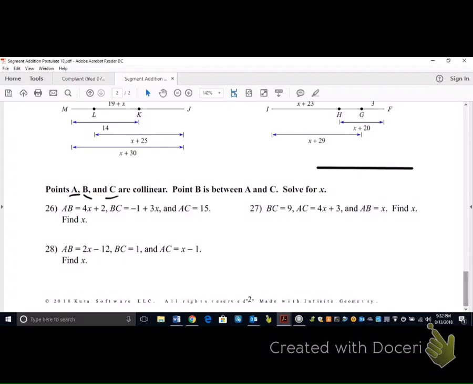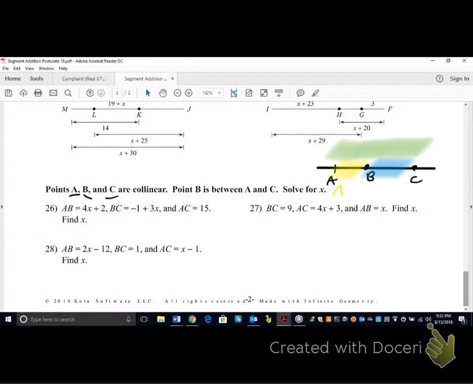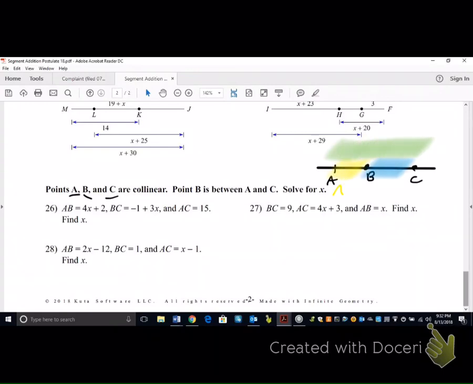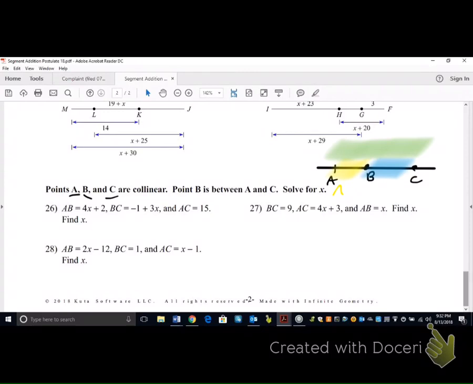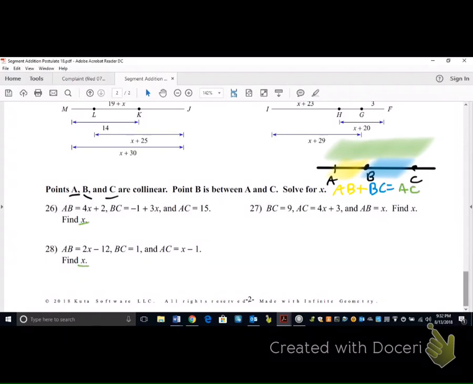That means we have a line right there, A, B, and C all on the same line. I'm going to color code: A to B is yellow, B to C is blue, and A to C is green. This is the exact same color coding as we did the very first time on notes, so my rule statement is the actual rule statement from the notes.